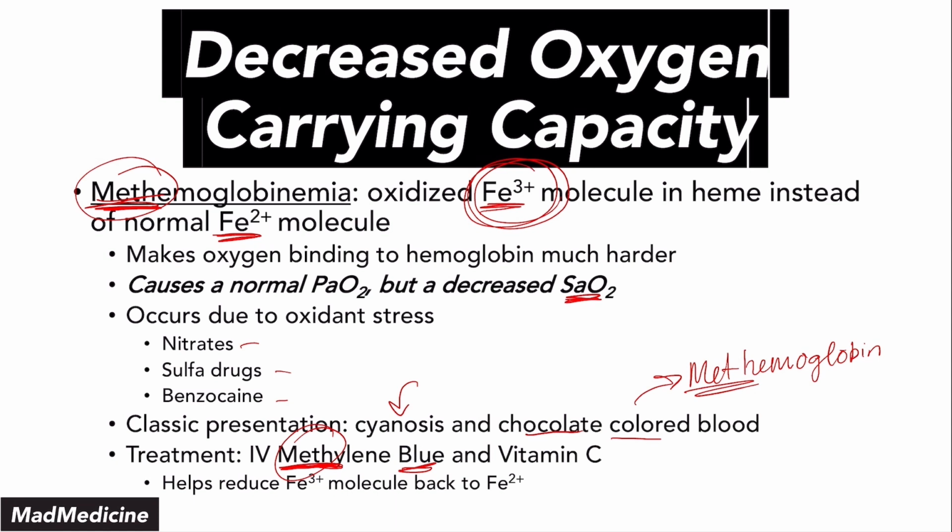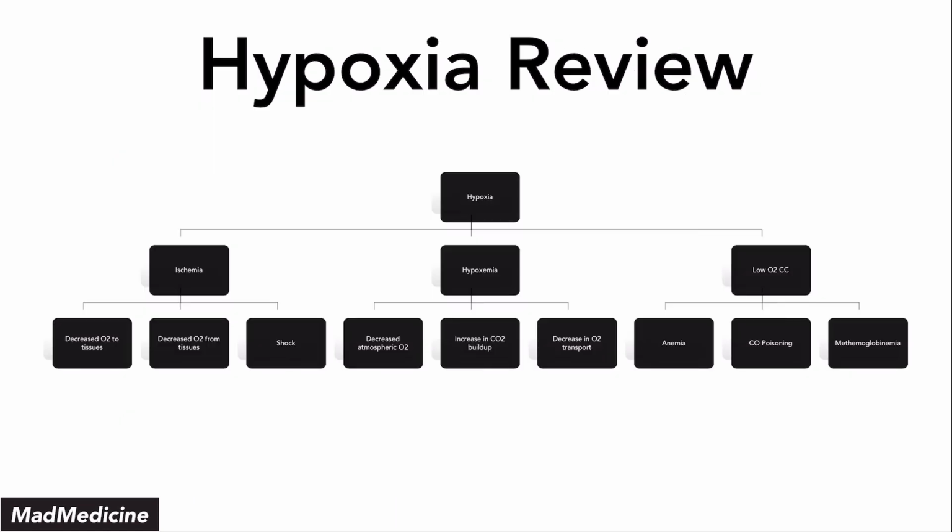So let's review hypoxia really quickly. Hypoxia can be caused by ischemia, by hypoxemia, and by low oxygen carrying capacity. When it comes to ischemia, you can have decreased oxygen going to the tissues, meaning arterial blockade. You can have decreased oxygen going from the tissues, which is a venous blockade, or you can have shock.